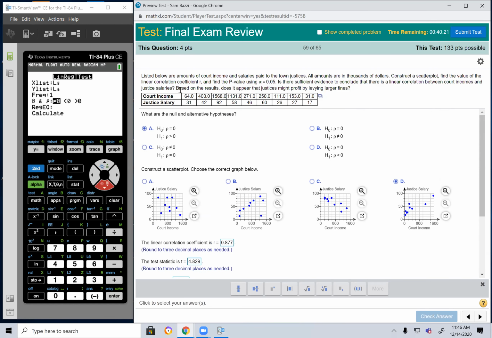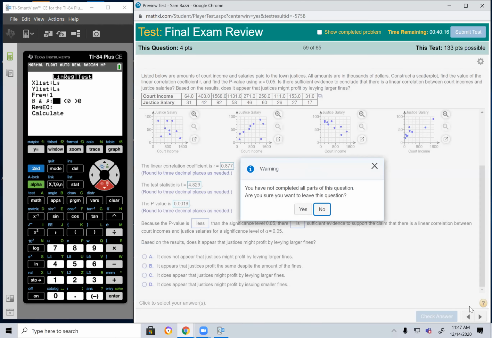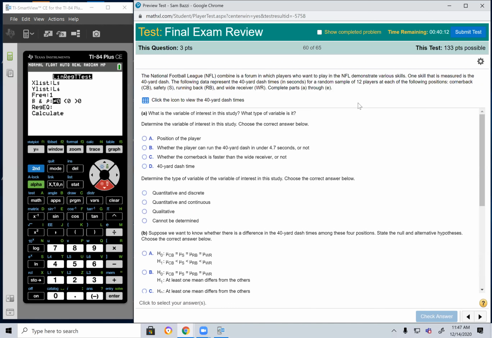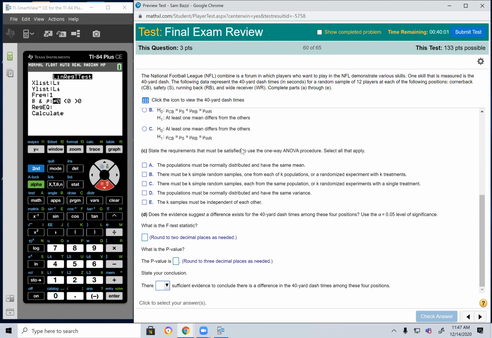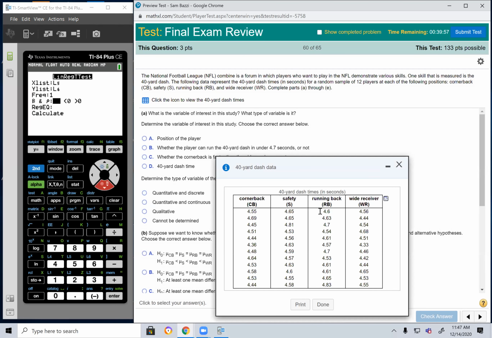So this is the question. And let's see what else we have here. This is another question, guys, on F-test. But if you hang in there, once I stop the video, I'll show you how to use StatCrunch for this one.